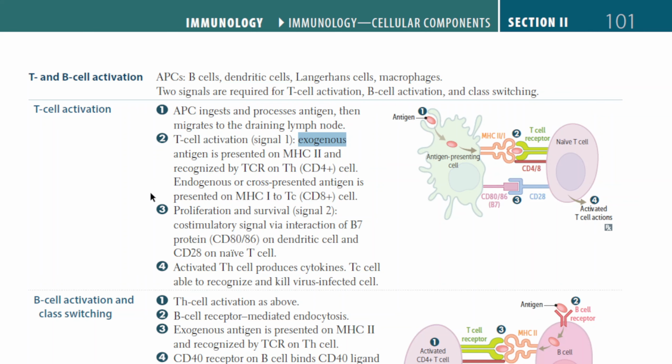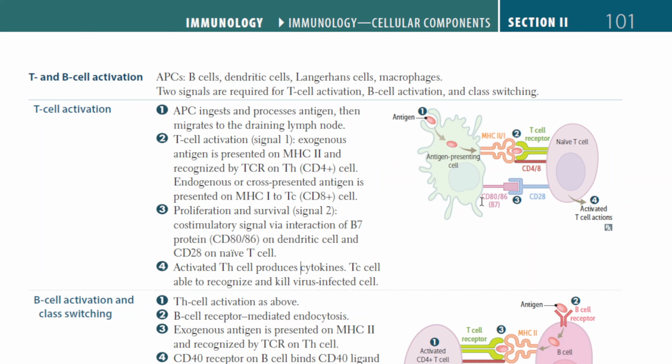So in this part, part 3, there's going to be proliferation and survival. That's signal number 2. Remember signal number 1 and signal number 2. The proliferation and survival come from co-stimulatory signals via interaction of the B7 protein, which is CD80 and CD86 on dendritic cells, and CD28 on naive T cells.